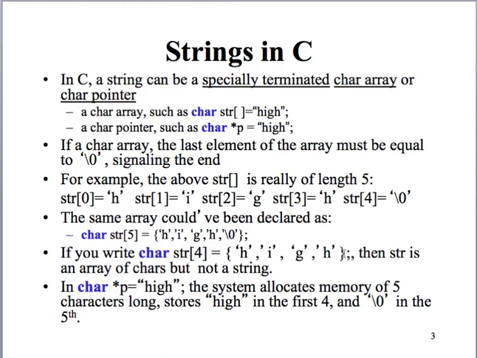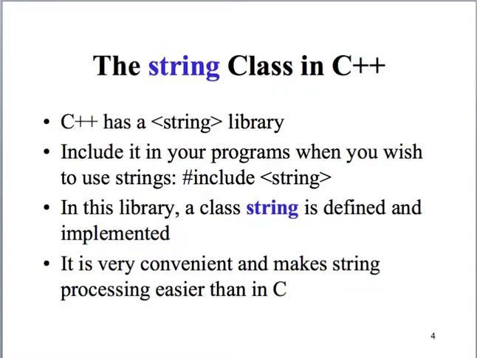Or we can also create just arrays of characters without the null, but then it's not a string. We can't treat it as a string for purposes of doing things like printf. So we always have to be careful that if the null is not there, it's really not a string, it's just an array of characters. And so sometimes that duality and those separate sets of rules, the it-depends situation, can be kind of annoying and even kind of confusing. So that's what we're trying to do away with here.